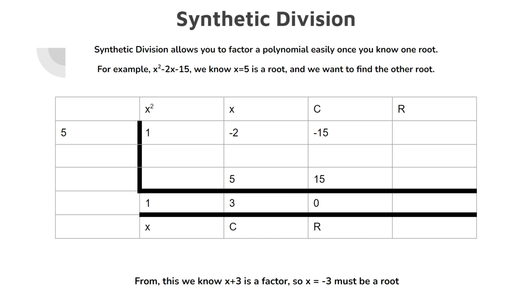So in this case, it's the same thing. We divide it by the root, x equals 5. So now, since we got no remainder, we know obviously since before that x minus 5 is a factor.